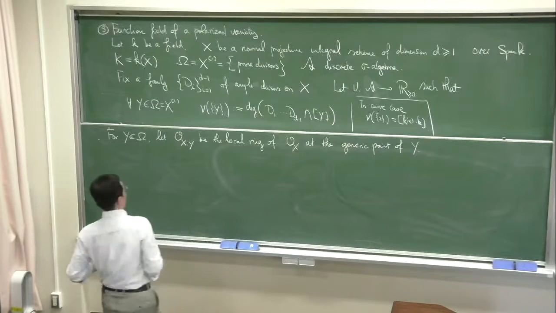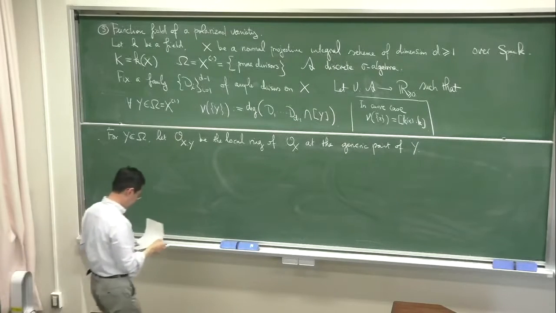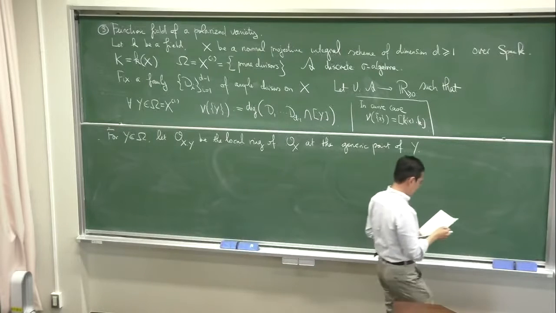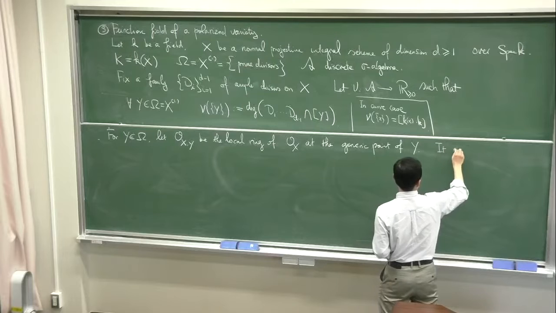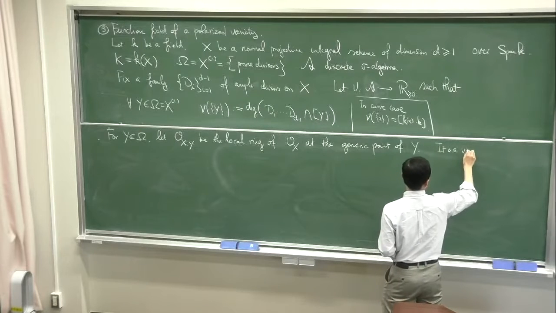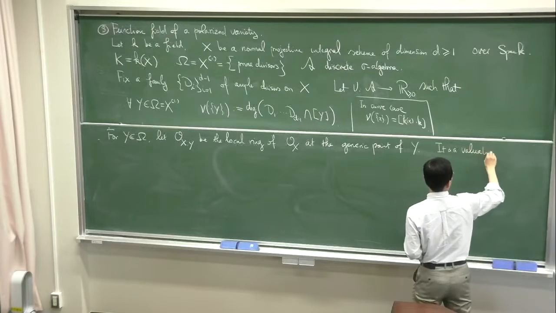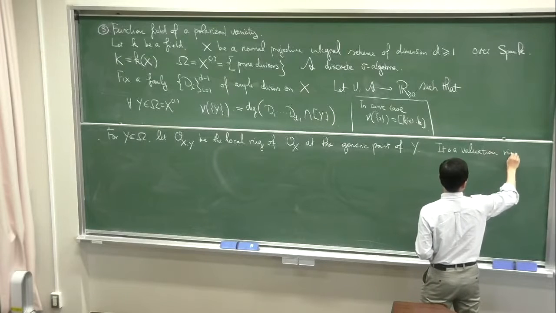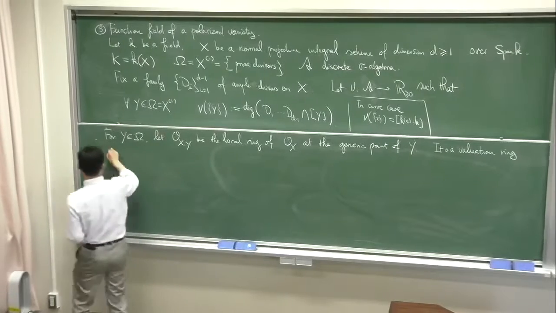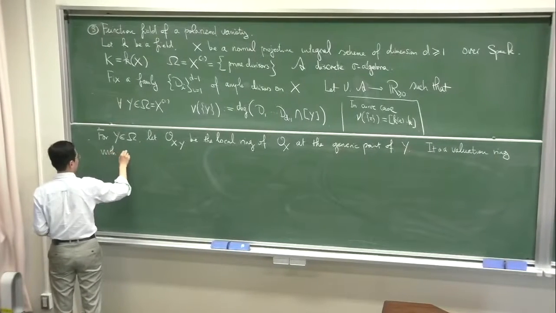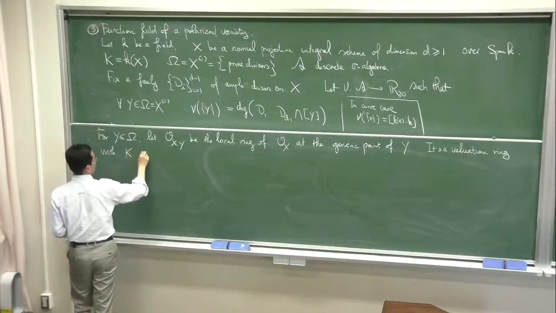Since y is a prime divisor in a normal variety, it is a valuation ring, and the fraction field is K.